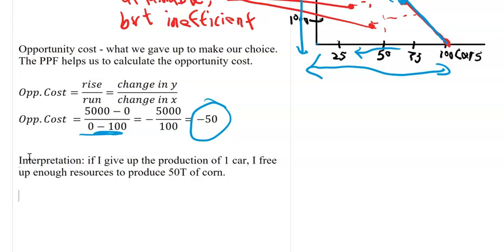Or another way, an easier way to write it is the opportunity cost of one car is 50 tons of corn. So this is telling us what's the trade-off between these two products. So between a car and a corn, if I want basically one additional car, I have to give up 50 tons of corn. Or if I give up one car, I get 50 tons of corn.